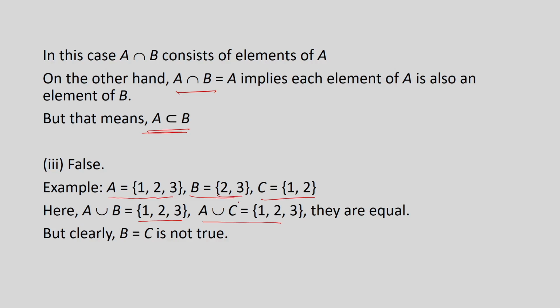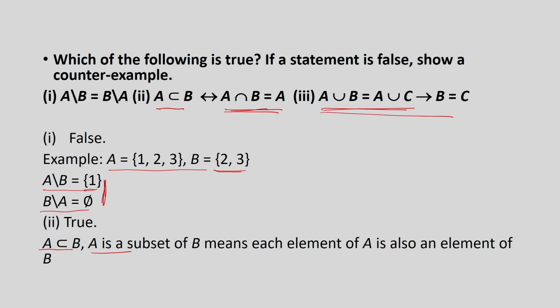B is the set 2, 3 and C is the set 1, 2, obviously they are not equal. So, we have constructed one example where even if this is correct, the putative implied part is not following. Okay. So, that is why this third statement is not correct.